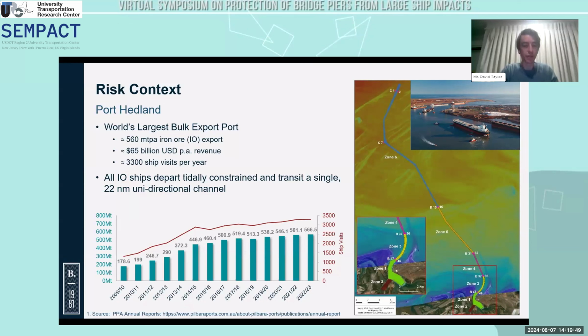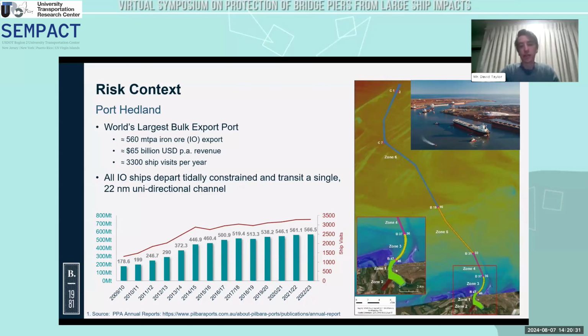They fully load to around 18 to 18.5 metres draft, and then all of the ships depart the port using the assistance of the high water in that 7.5 metre tide range. And then they need to transit a 22 nautical mile channel, which is shown here on the right, until they're in open water. And the first 10 nautical miles of that channel is a confined channel where, at the risk of grounding, if a ship grounds, there is a risk that it can block the channel for all navigation movements after that.